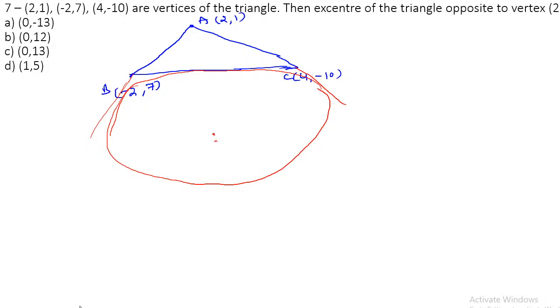So how do we find this? What is the formula? So I will tell you how.